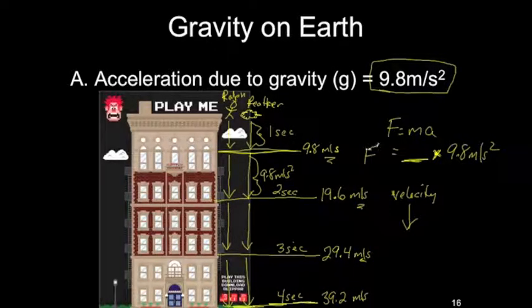So if you wanted to find out the force at which Ralph hits the ground versus where the feather hits the ground, all you'd have to do is calculate his mass. So if Ralph's mass is 1,000 kilograms, you would plug that in here, and you would find that 1,000 times 9.8 meters per second squared, Ralph is hitting the ground with 9,800 newtons of force.